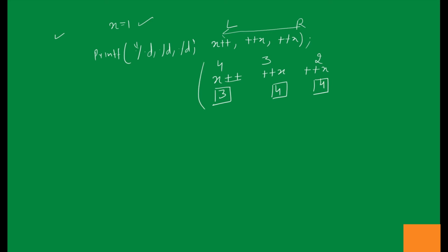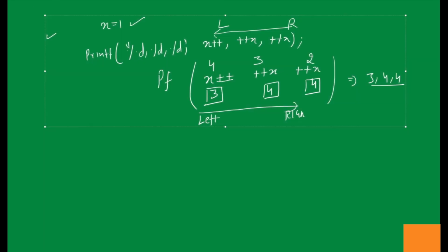So in the printf statement, this will be the evaluation of these expressions, and we are going to print from left to right. So it will get 3, 4 and 4 as the answer. Right? So this is how we are going to print it.